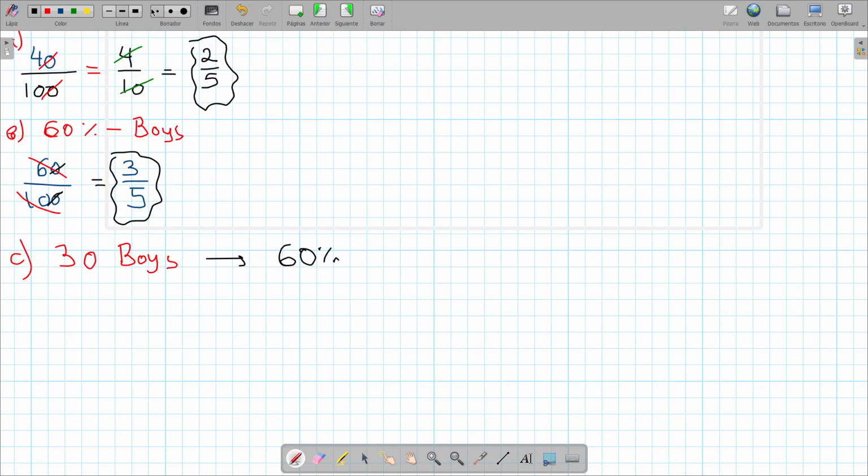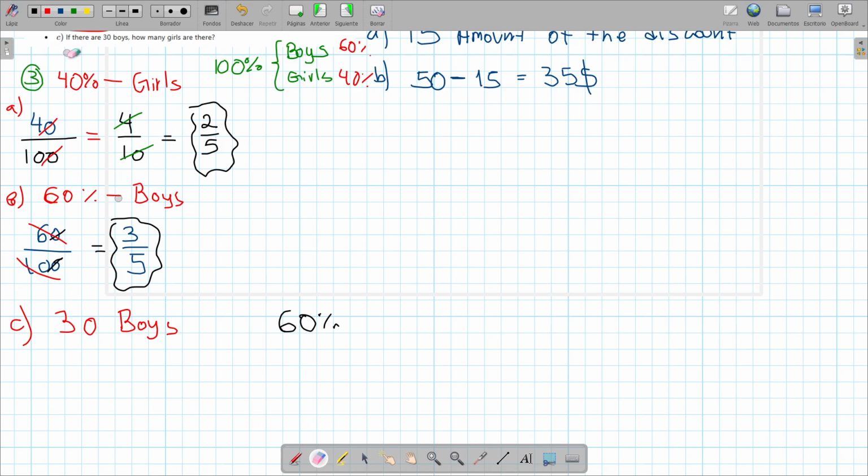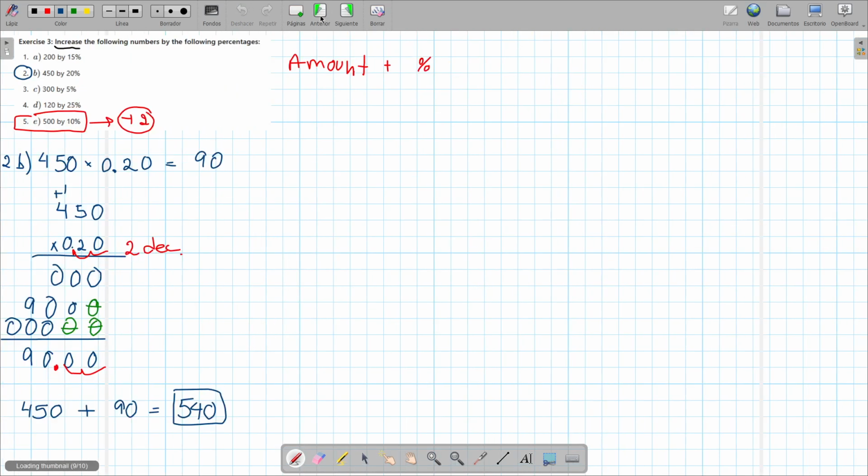My question right now is going to be, what I need to find, first of all, is the total of the class, which is going to be the 100%. So we have something that looks like one of the questions that we saw before.